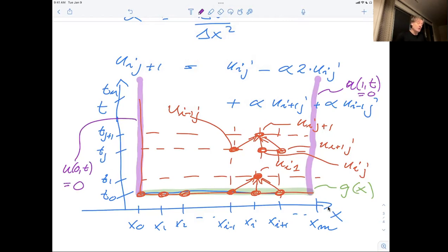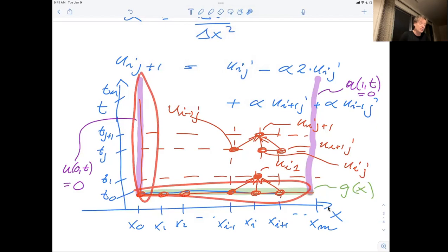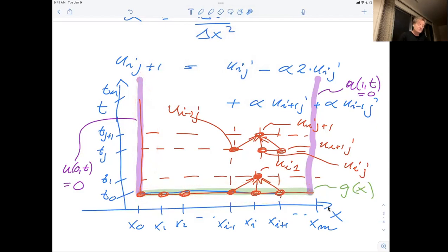So it means that when we are stepping up here from the initial conditions and the boundary conditions, when we are here and along the boundary, we know exactly what the function looks like. And that means that when we start our calculations, the values which we have here are fed into the next time step.